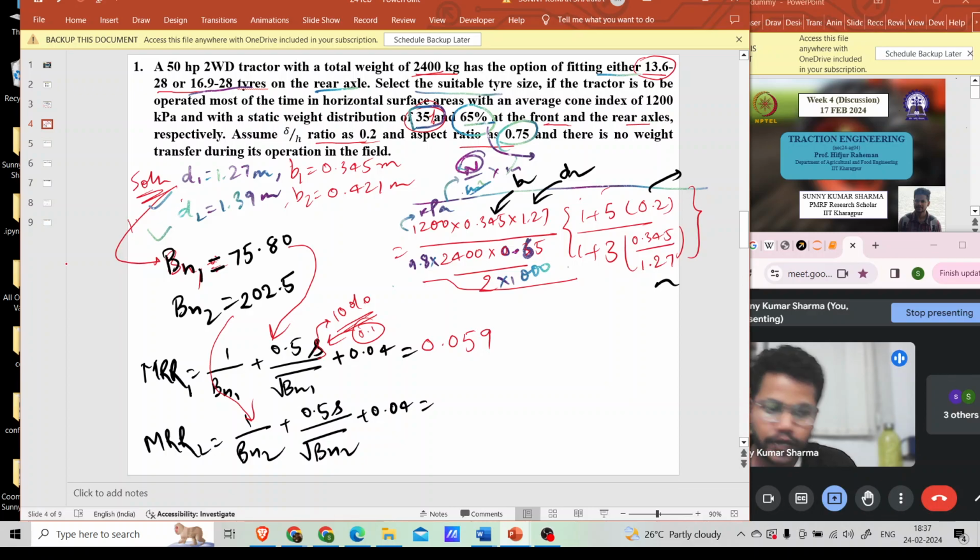Did you get this value? Yes, sir, I got 0.0589. We can write 0.059. And for 202.5, it is coming 0.048.